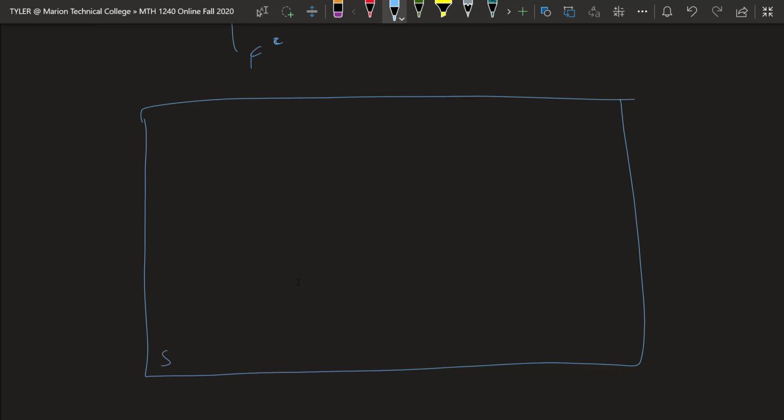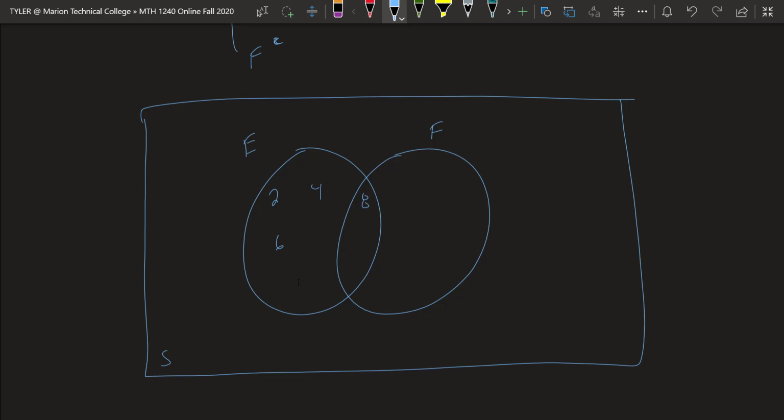Here's S, and then I have the sets E and F drawn together. Here would be 2, 4, 6. Here's 8, 10, 12 inside here. And then we have the numbers 7, 9, 11 here.